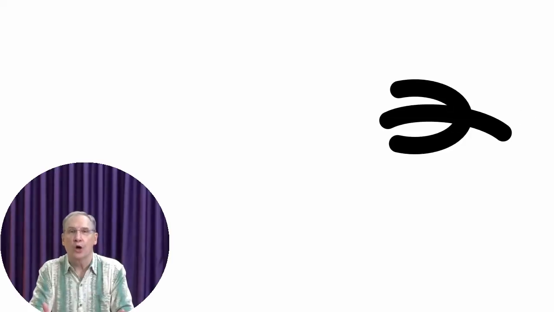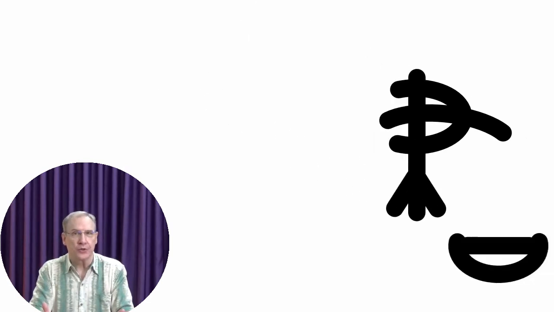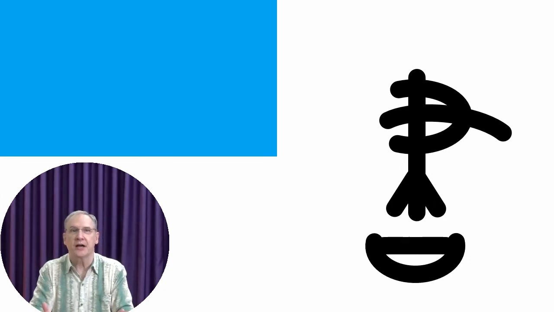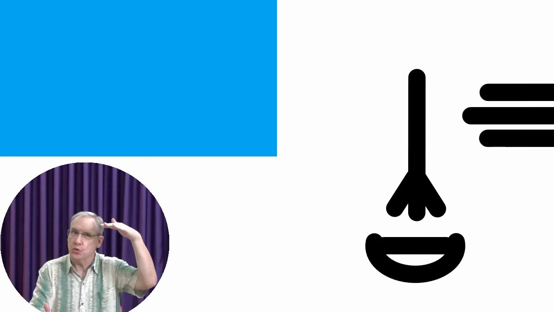It's the character for book, or to write, and it includes another version of the right hand. This character is pronounced with a high and flat first tone. Shu, shu.